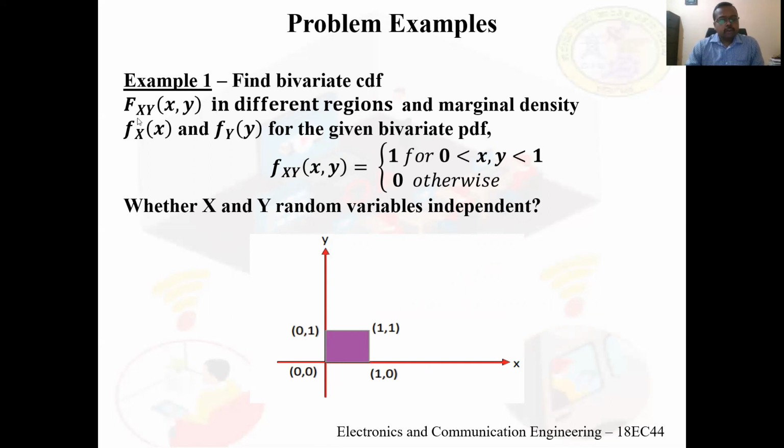Now, you need to find the value of the bivariate CDF in different regions. For different values of x and y, you need to find F_XY(x, y), and also F_X(x) and F_Y(y). Once you find them, you need to find whether these two random variables are independent or not.